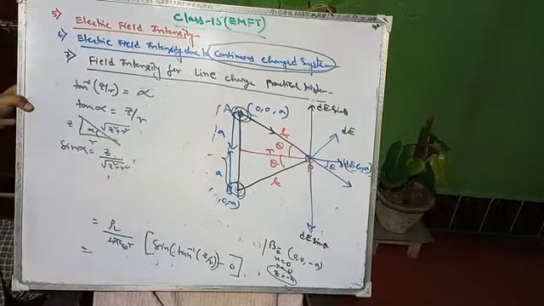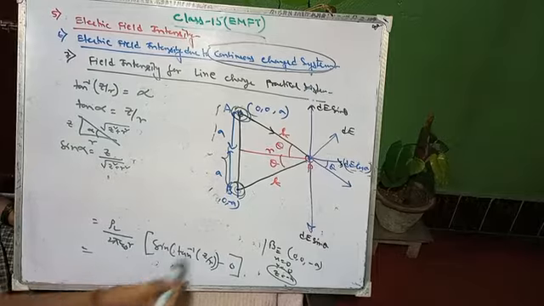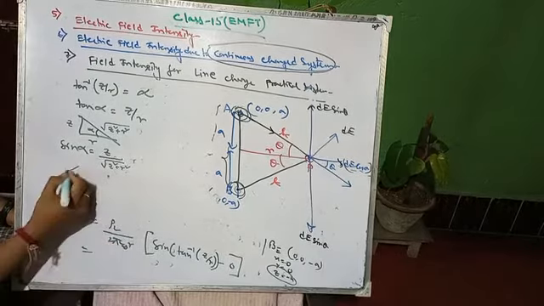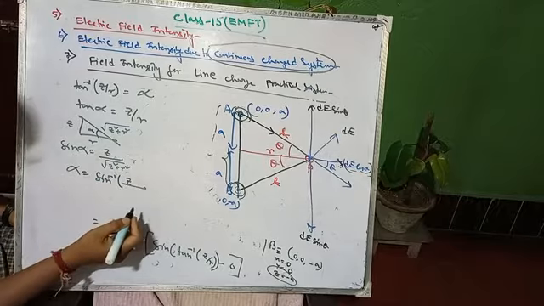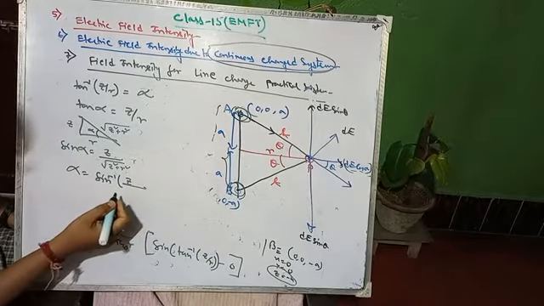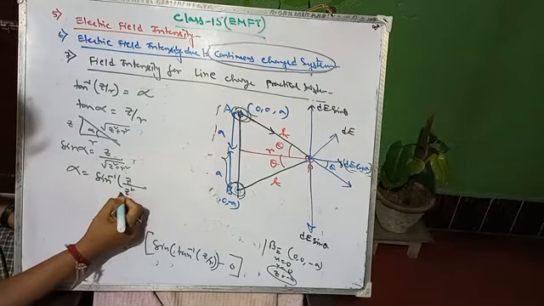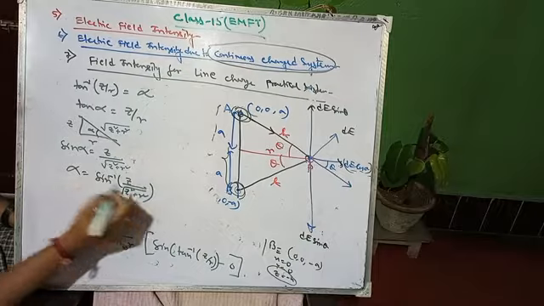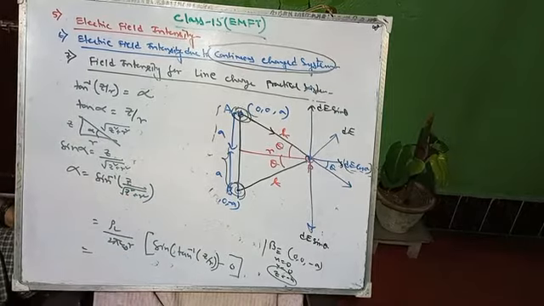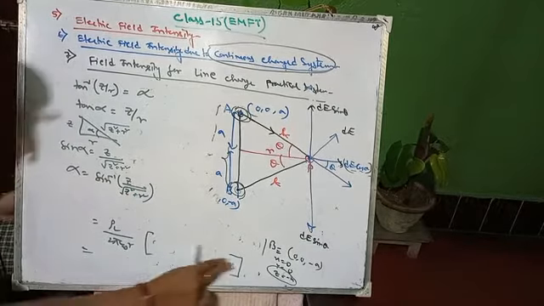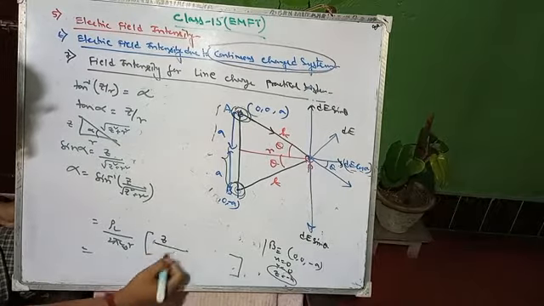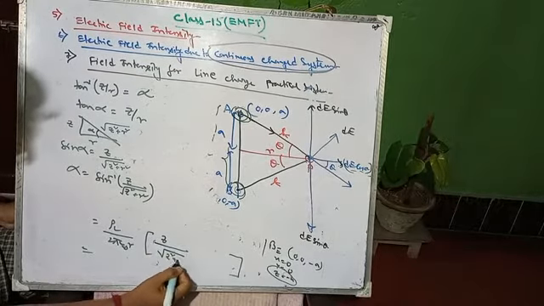So actually this one is alpha, so you can write alpha equals sin inverse of z by root over z square plus r square. Here we can simplify it as z by root over z square plus r square.